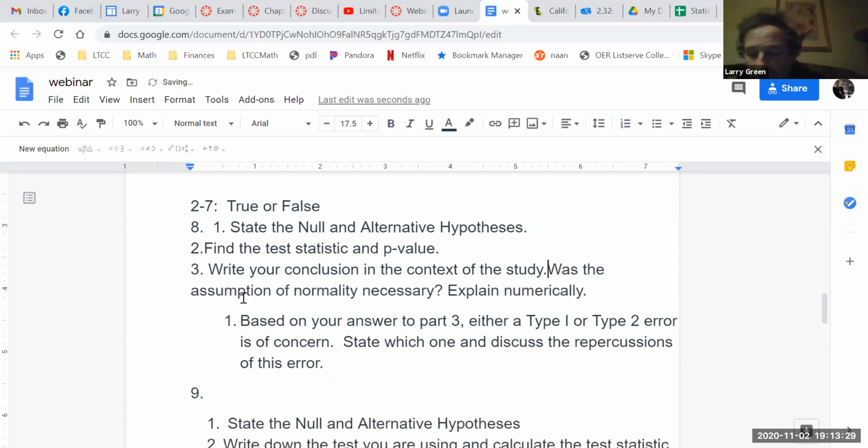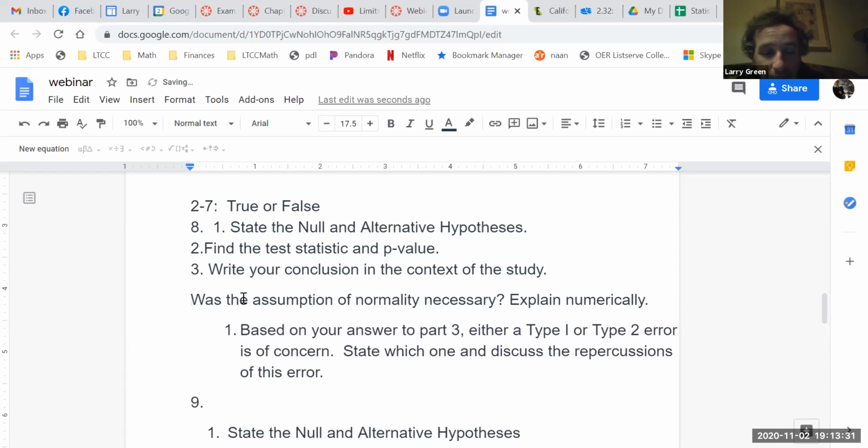What's the first word in number 3 that you need to write? The first word for number 3. What's the very first word? Definitely not if.